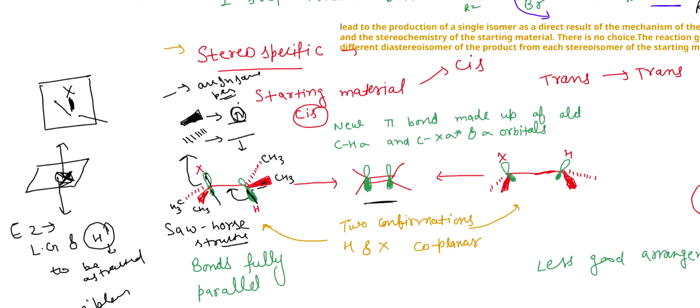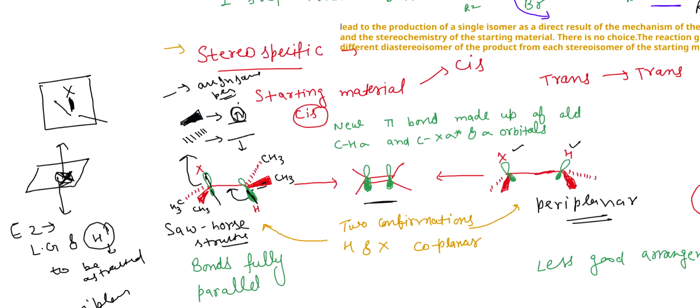The other possibility is when these are periplanar instead of anti-periplanar. When these are in the same plane like this, the orbitals of halogen and hydrogen are present in the same direction.